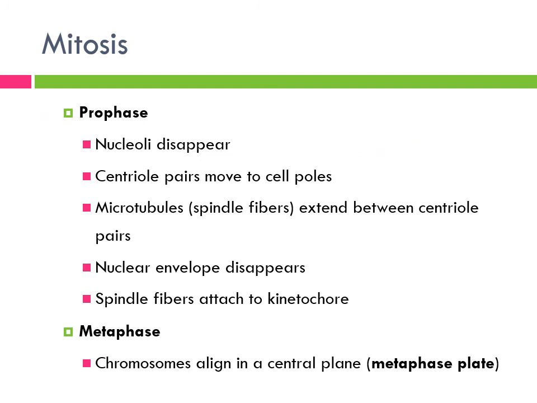During prophase, the nucleoli are going to disappear. The centriole pairs are going to move to the poles of the cell, and then the microtubules form the spindle apparatus, and this is going to extend between the centrioles, between the two sides of the cell, and the spindle fibers are going to push the edges of the cell away from one another.